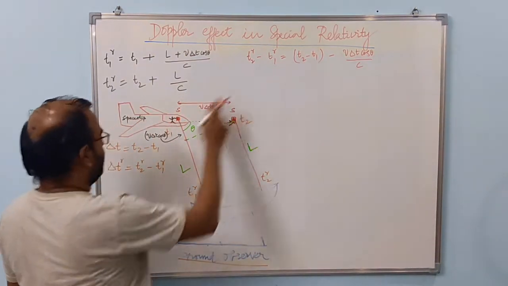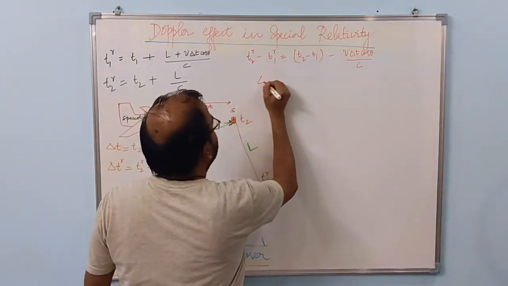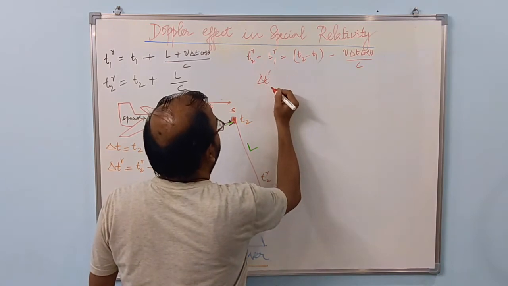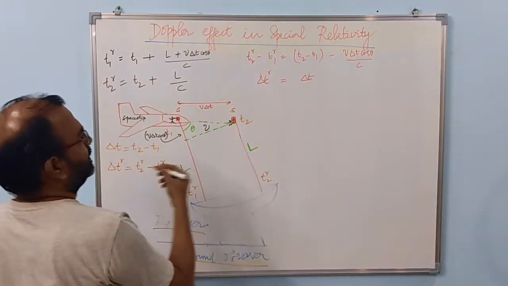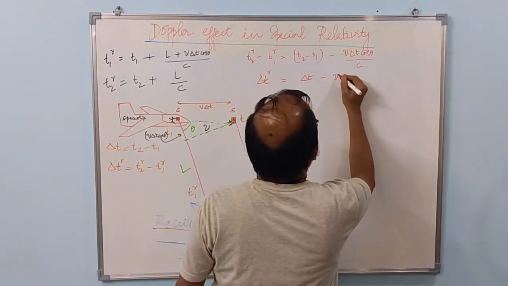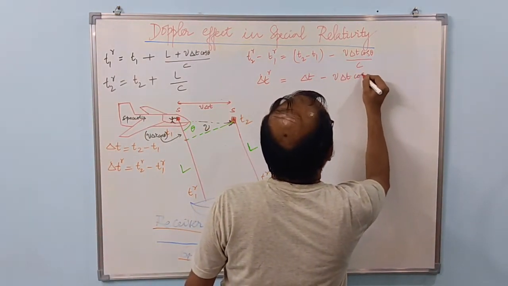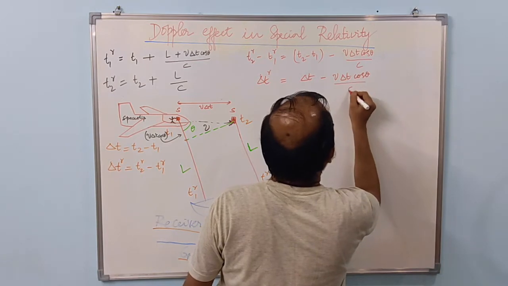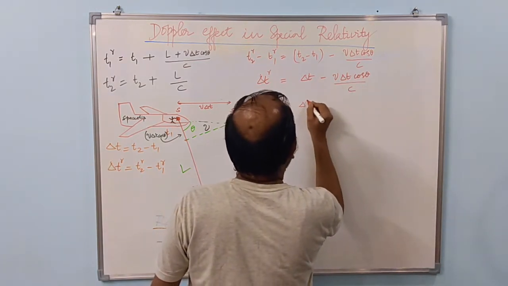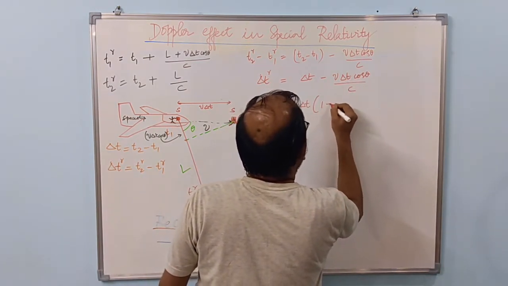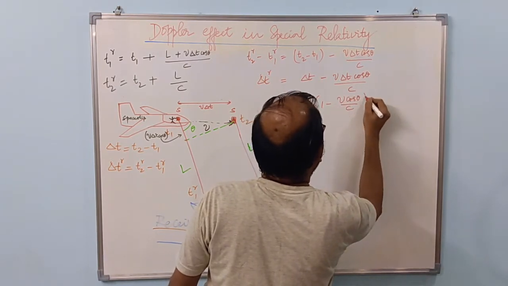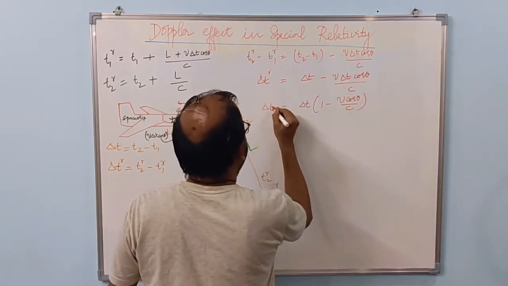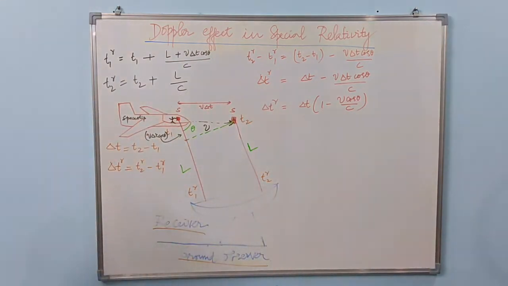Here we have this one already, we have taken it to be del t superscript r, which is equal to del t minus V del t cos theta over c. Now del t is common, so I take it out. 1 minus V cos theta over c is an extra factor that I am getting here, right?